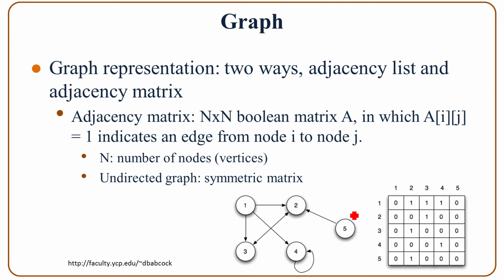And n here is the number of nodes or vertices. In the case of an undirected graph, we see a symmetric matrix.